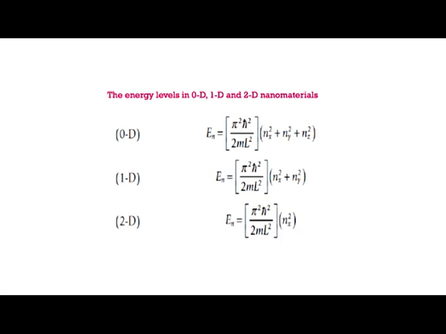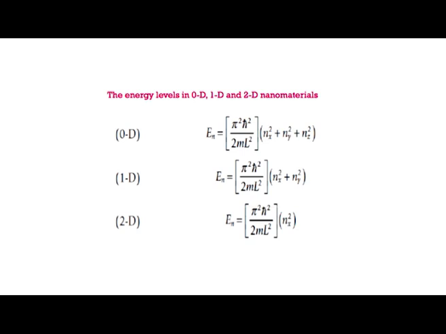In the quantum dot, L represents the edge length along all spatial directions. ħ is a constant called the Dirac constant, equal to h by 2π. nx, ny and nz represent quantum numbers along spatial directions x, y and z. This equation for zero-dimensional nanomaterial is the direct solution of Schrodinger wave equation to particle in three-dimensional box.